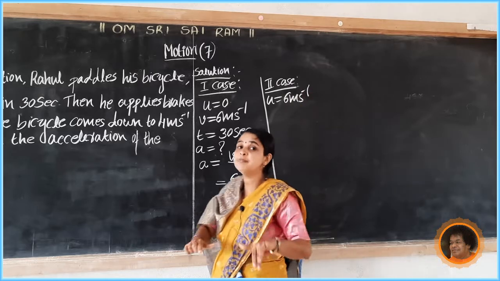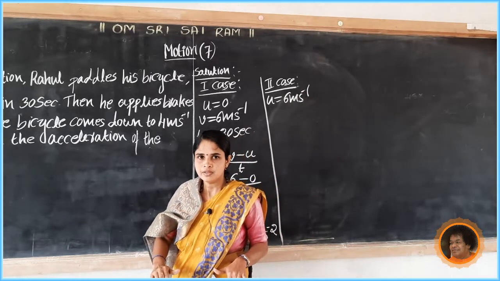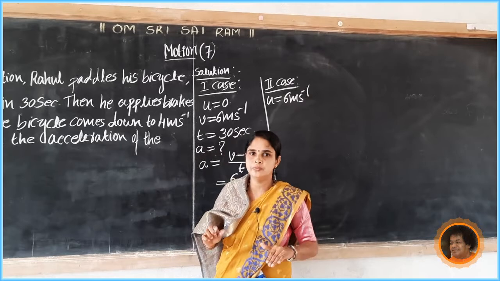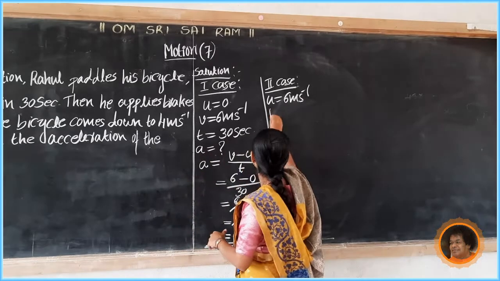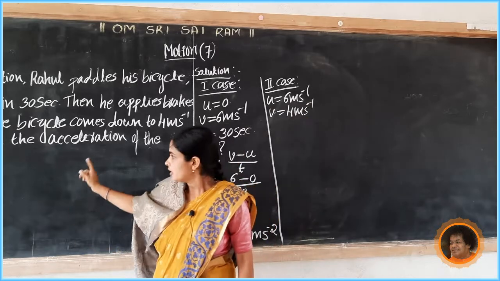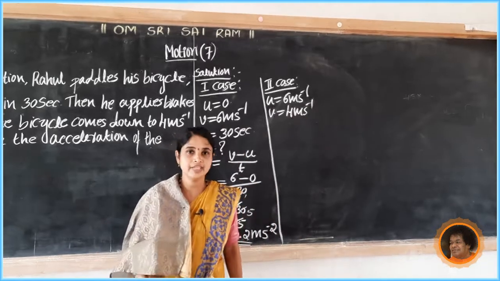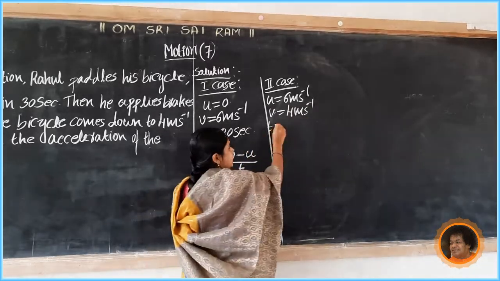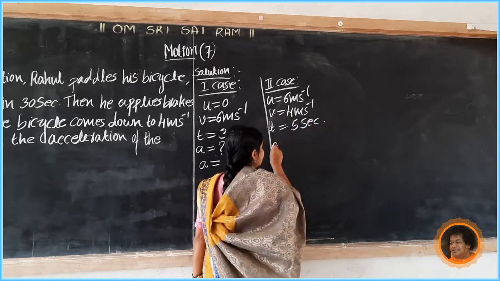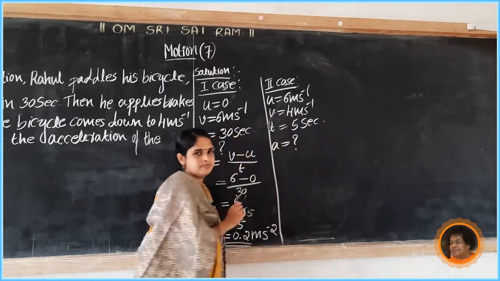Then he applies brakes, and the velocity of the bicycle comes down, V equals 4 meters per second, in 5 seconds. So T equals 5 seconds.